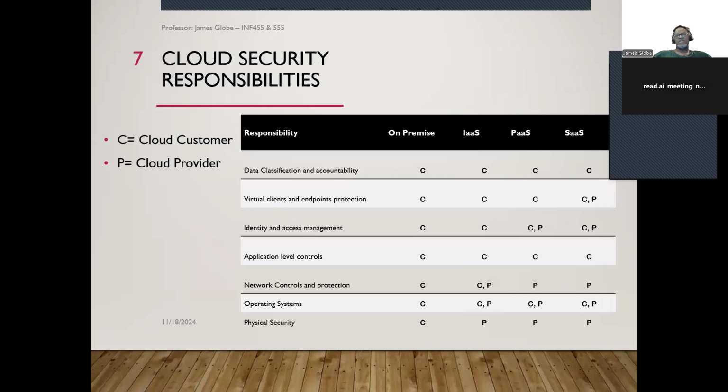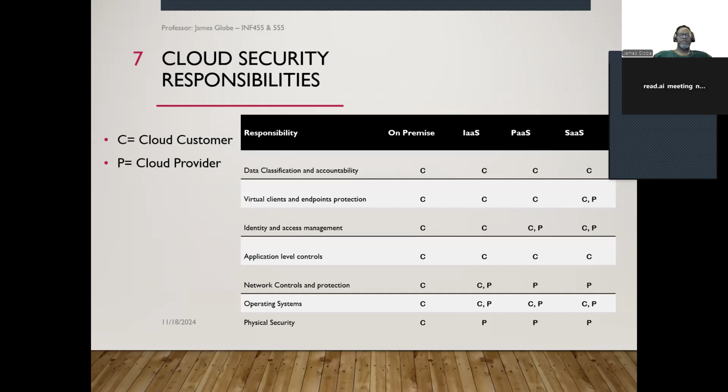I showed this table before in a previous lecture, but this kind of outlines who is responsible for what part based on your deployment strategy.